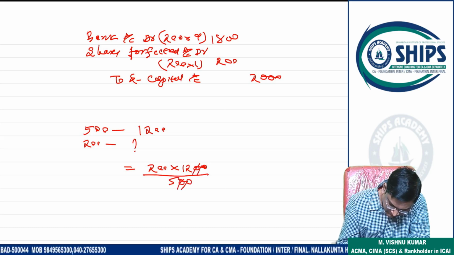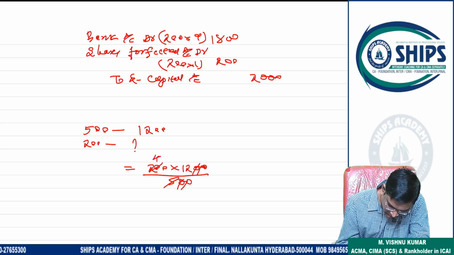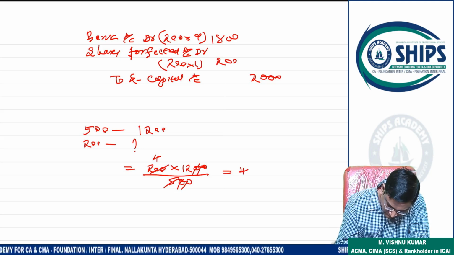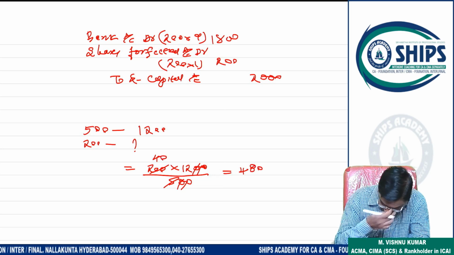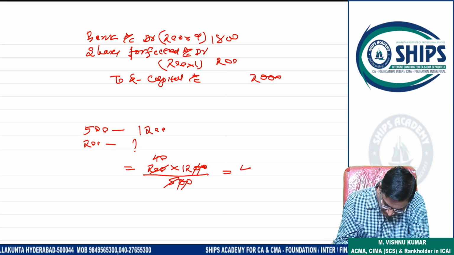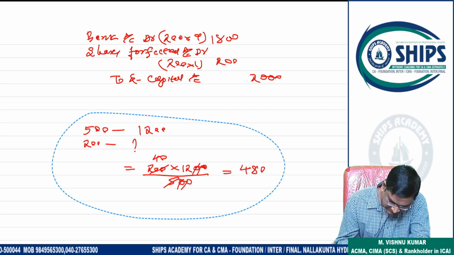Okay, so it comes to 480. Clear? 480 is coming. For 200 shares this is coming as how much? 480.